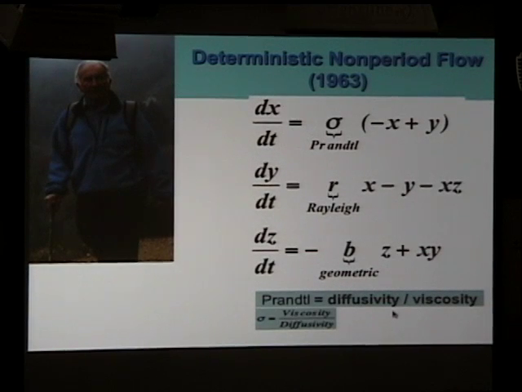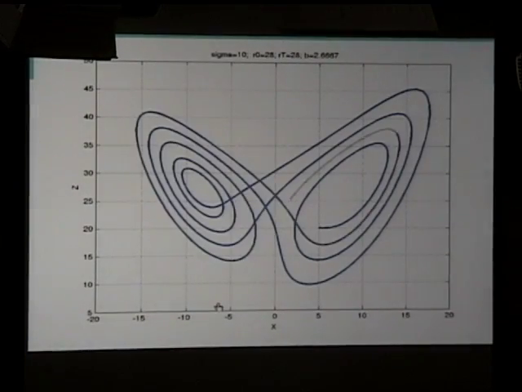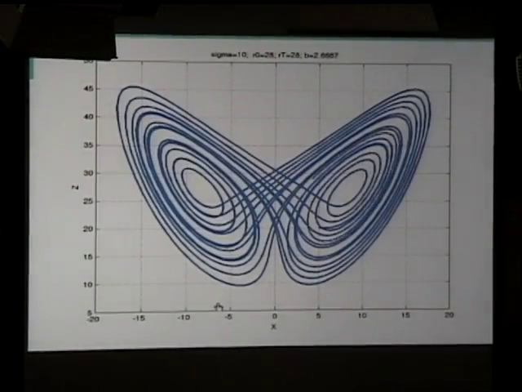When you heat from below, when you have enough heating to initiate convection, the viscosity tells you how fast things go around, and the diffusivity tells you how fast you're losing heat as you're moving around. So if you rise somewhere, when you get to the other side, then you know whether you have the temperature gradient to allow you to fall, or the other guys will come up. So this is where you can do this, and this is just the x, the stream function.